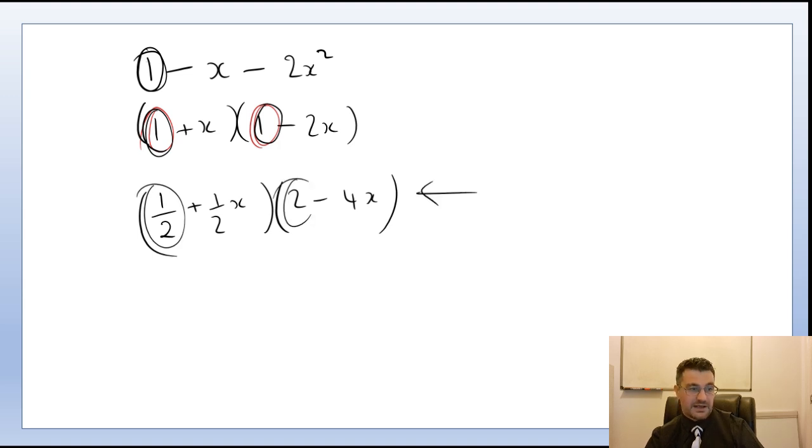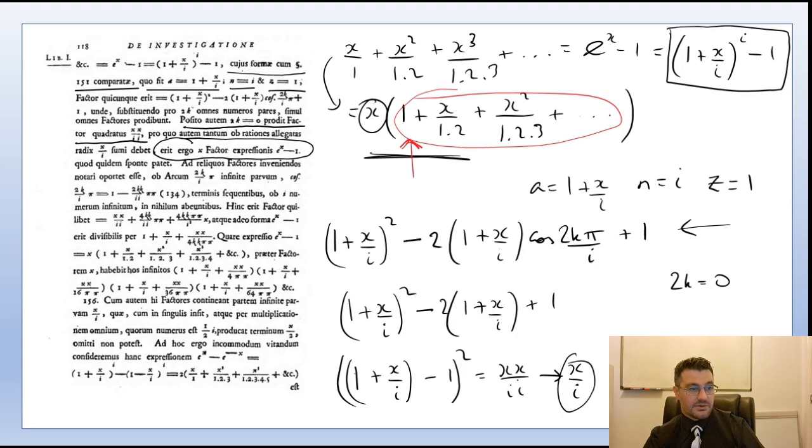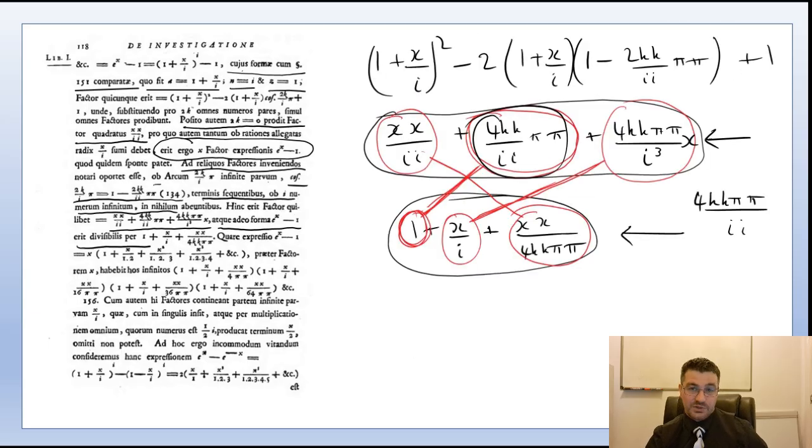There's nothing stopping us from having this awkward factorization, but it makes sense for us to have our factorization like this. So what we're aiming for here, going back to what we're talking about, we're trying to find a factorization of this 1 plus x over 1 times 2 plus x squared over 1 times 2 times 3 plus and so on. The initial number, the constant here, is 1. So it makes sense for us to have all of our factors having a 1 as their constant term. So that's what he's doing here.